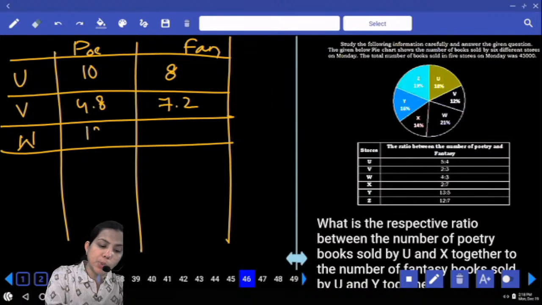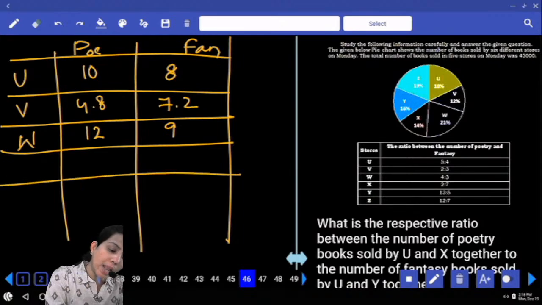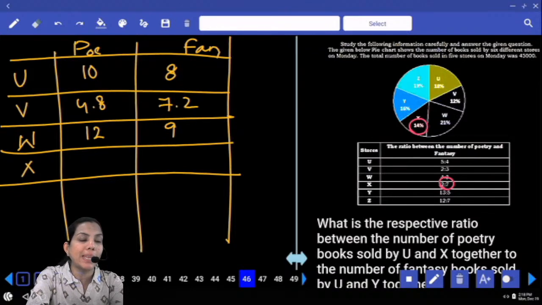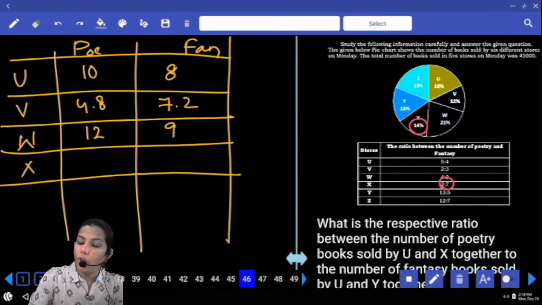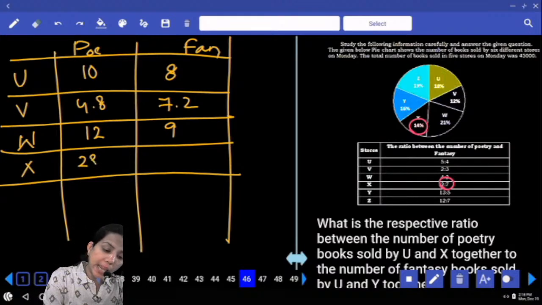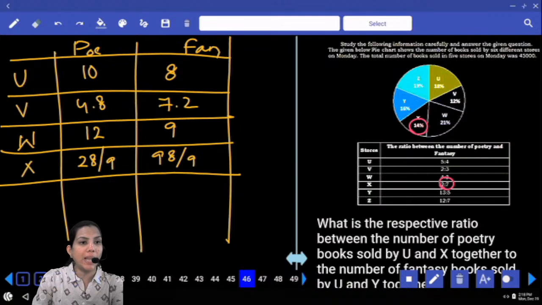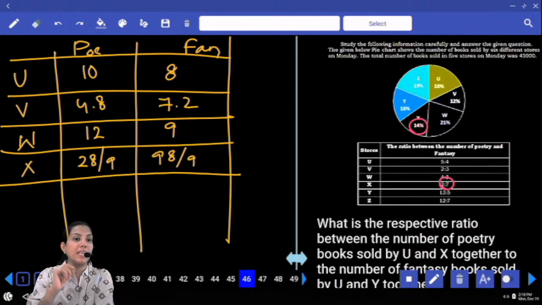Then it is 12, 9. Next value, X total how many parts? 9 parts. 9 parts is equal to 14%. 1 part is equal to 14 by 9. No cancellations, 14 by 9. 14 2s are 28 by 9 and 14 7s are 98 by 9. So these are the poetry and fantasy in percentages: 28 by 9 and 98 by 9.